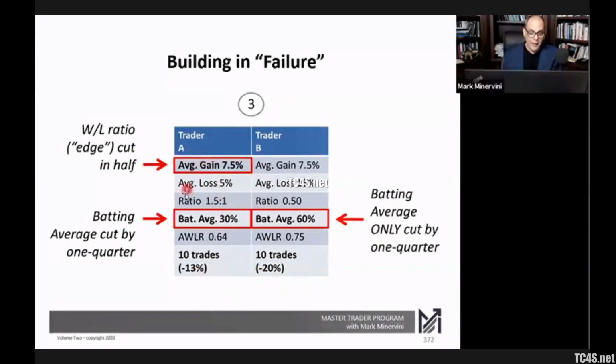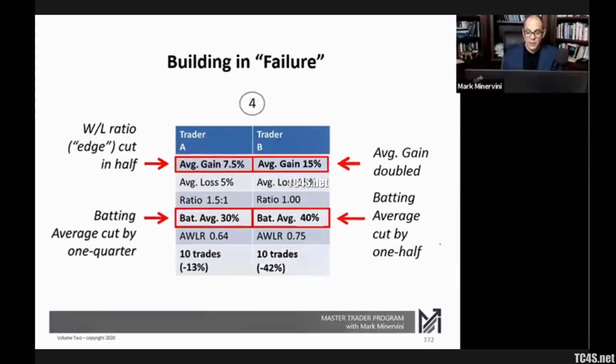You still, after penalizing trader A quite a bit on both his edge and the batting average, still trader B is at a disadvantage. All right, let's take a look here and we'll try another scenario. So this time we have the same situation as before. We're going to keep trader A the same with that 13% loss, but this time we're going to double the average gain.